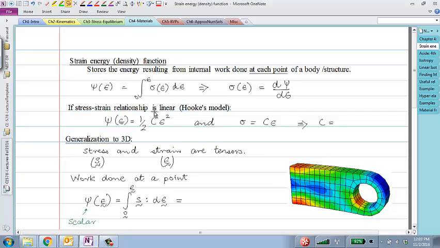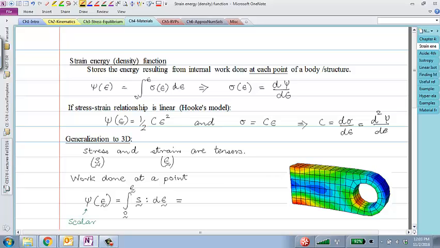And if the stress-strain relationship is linear, like the Hooke's model, then you can show that the strain energy density is half times the Young's modulus times epsilon squared. Very easy to verify. If you take one derivative of that, we get stress equal to C times epsilon, right? The first derivative with respect to epsilon gives me C times epsilon. C is simply the derivative of stress with respect to epsilon, and equivalently it is the second derivative of the energy with respect to epsilon.